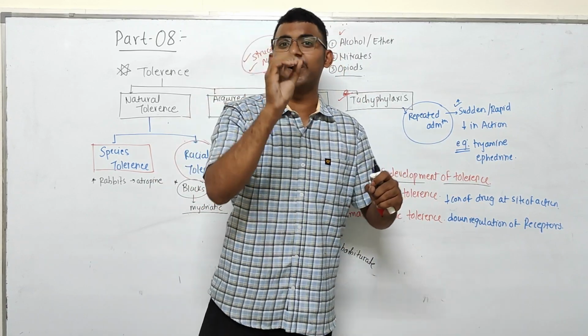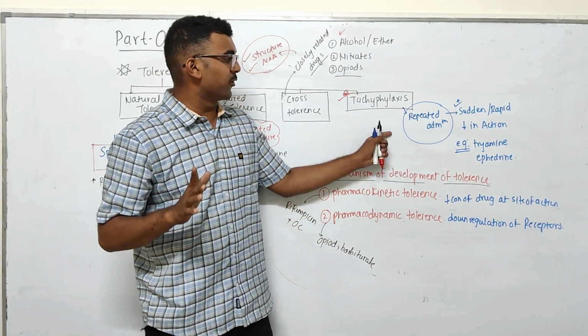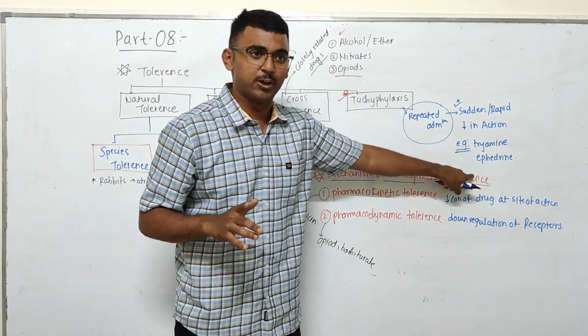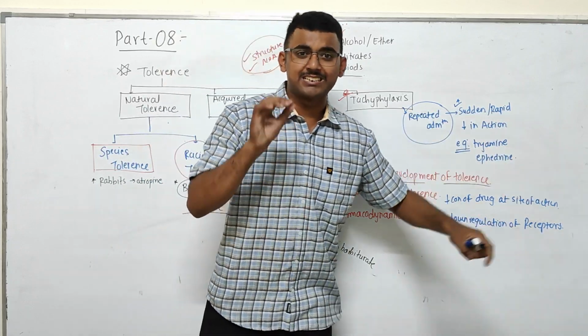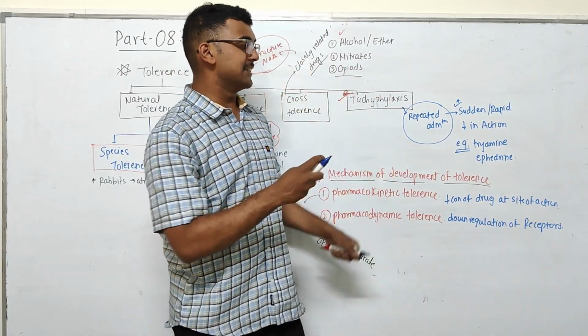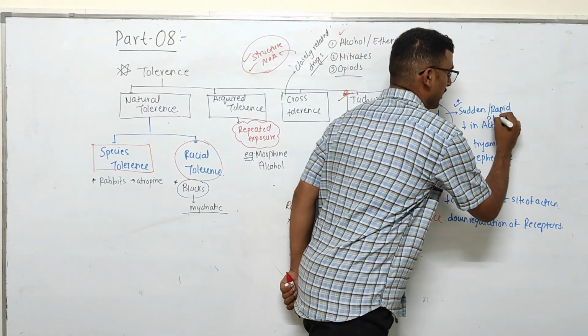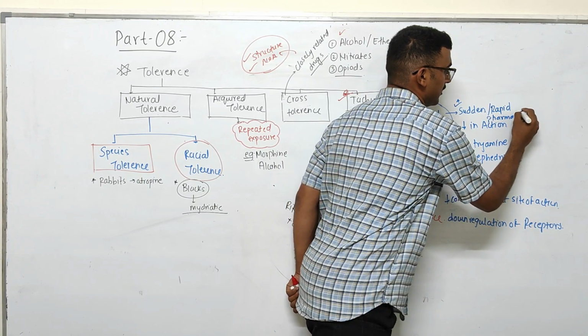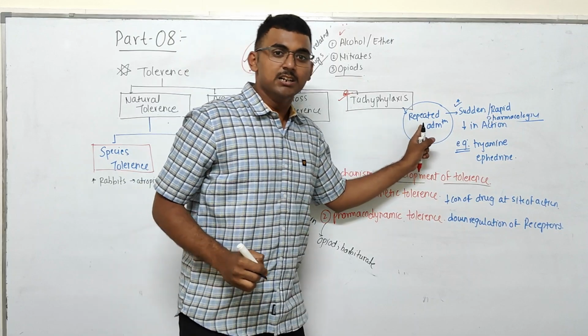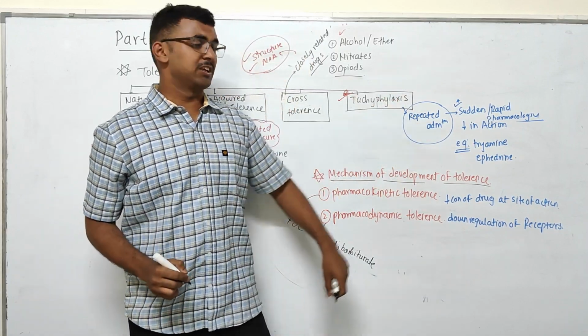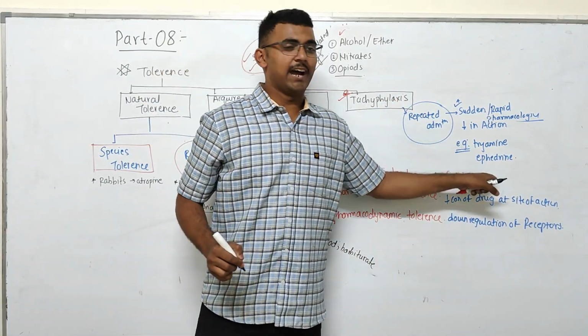There is a sudden decrease in pharmacological activity. Examples are tyramine and ephedrine. After repeated administration of these drugs, there is a sudden and rapid decrease in pharmacological action. This is what comes under tachyphylaxis.